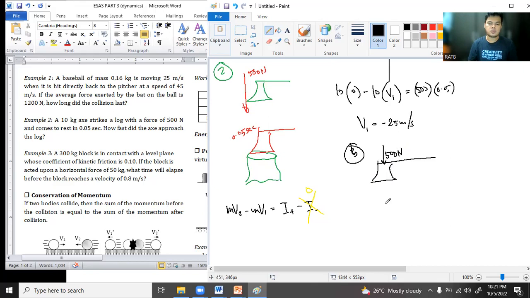No opposing force is given, but we can make the axe stationary by applying the imaginary force, which is REF, or reverse effective force.